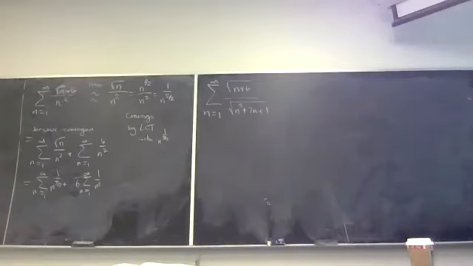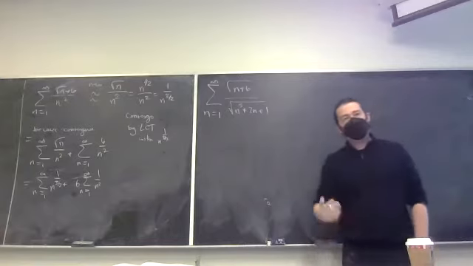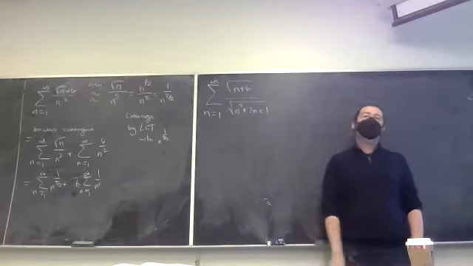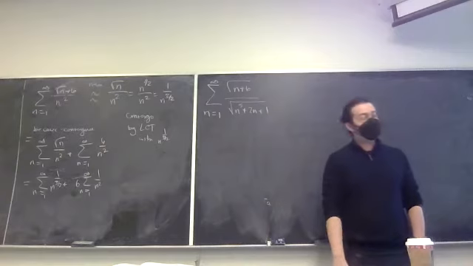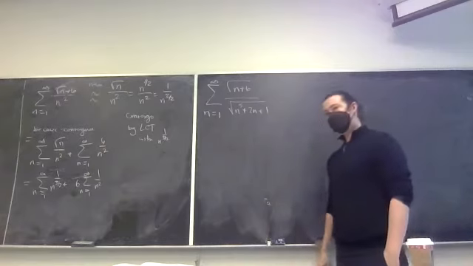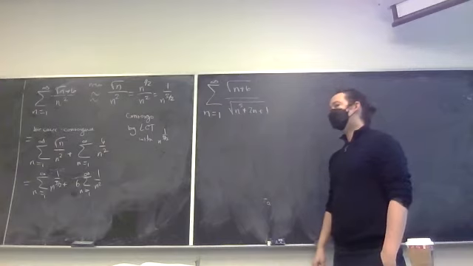Wow, it's nasty. Square roots all over the place, right? What is the behavior of this series? What should you believe about it? What does it do? Converge or diverge? Why?